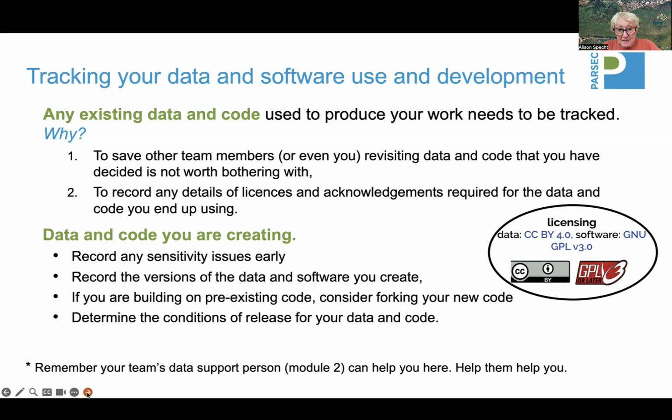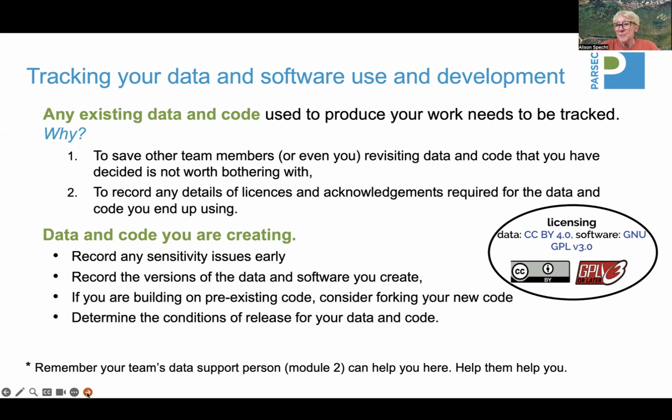If you are creating data and code, don't forget to record any sensitivity issues, record the versions so that you know which version you're currently working with, so you don't waste your time. If you're building on pre-existing code, don't forget to fork your code and determine the conditions of release. And we've talked about that before. Does it involve humans?